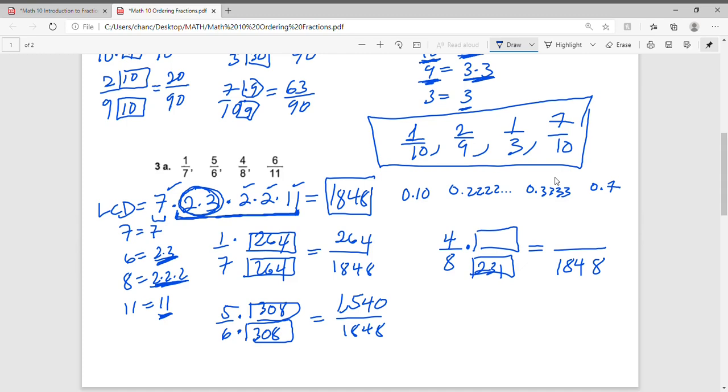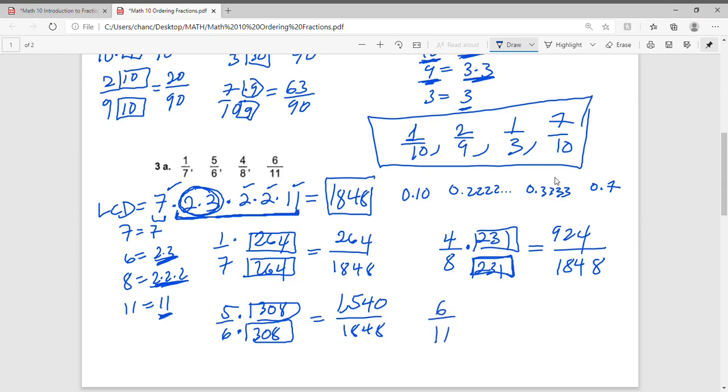So I know 8 times 231 would give me 1,848. So we can also use division to figure out what this missing number is. And of course the bottom and the top have to be the same because this is equivalent to 1 again. 4 times 231 gives me 924.